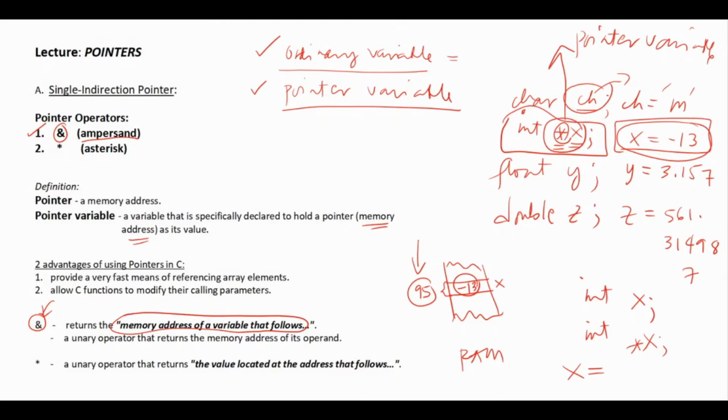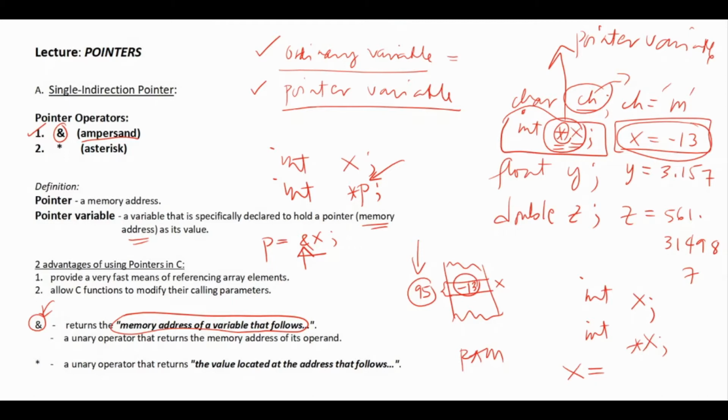So when you declare x as an ordinary integer, and then you declare, say, p as a pointer of type integer, then p is assigned a memory address, say for example, the address of x. So this is how you write it, ampersand x. This is read as memory address of x.